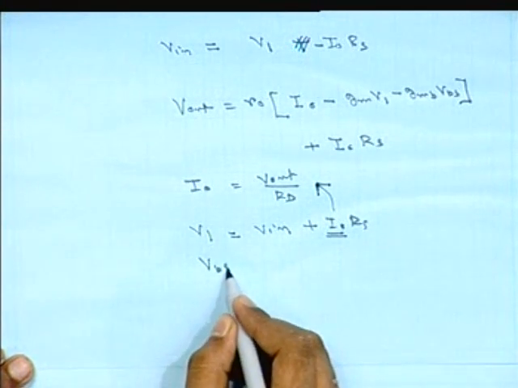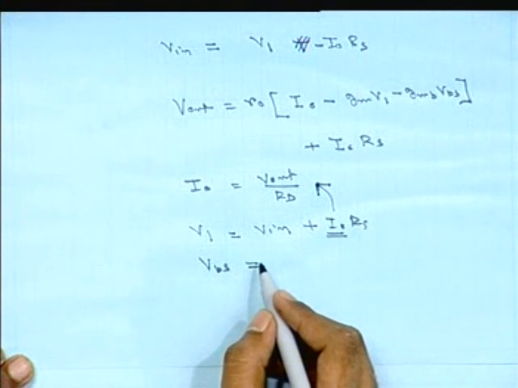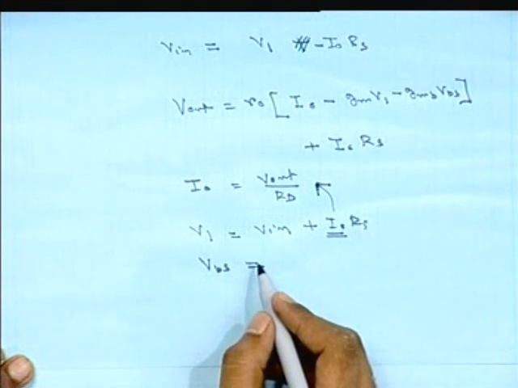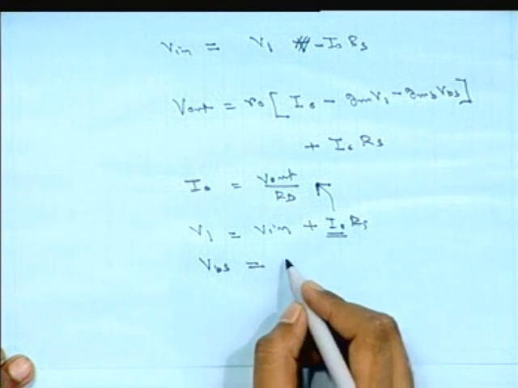And what will be the VBS? VBS is nothing but the bulk to source voltage, where the bulk is grounded and the source voltage is nothing but I naught Rs. Okay.